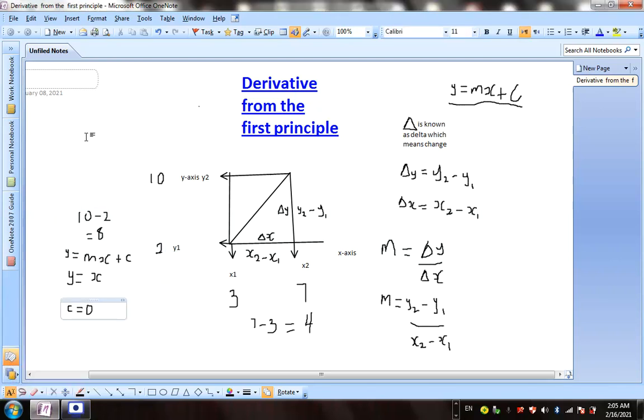So c is known as constant, or you call it arbitrary constant. While the m is slope or gradient.